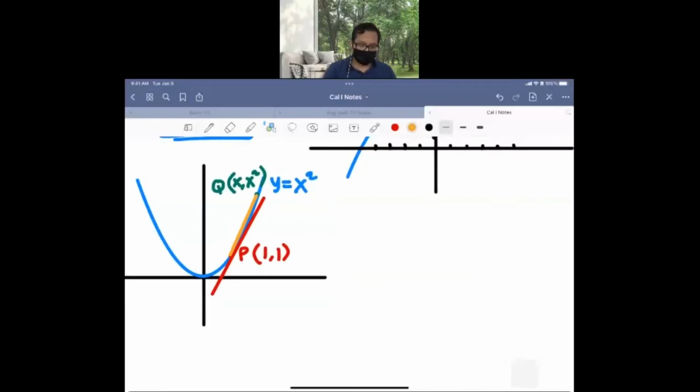Let me write here: this is x squared. This is the secant, and this will be the tangent. Suppose this is the same graph. This is P, and this will be Q.